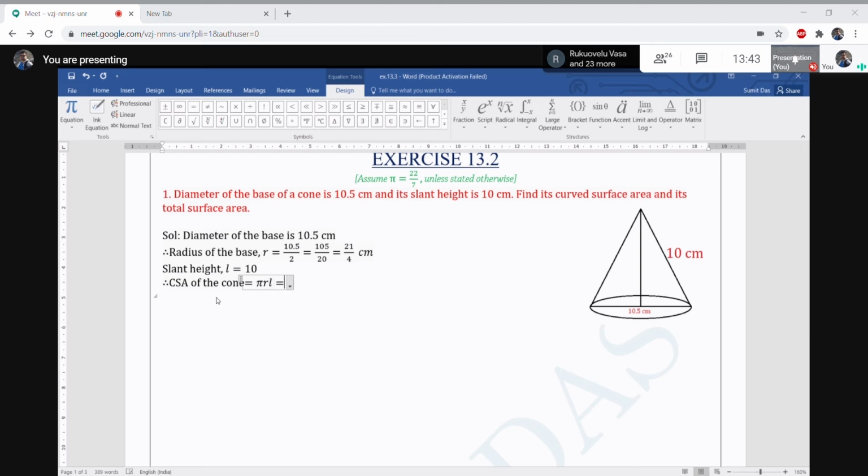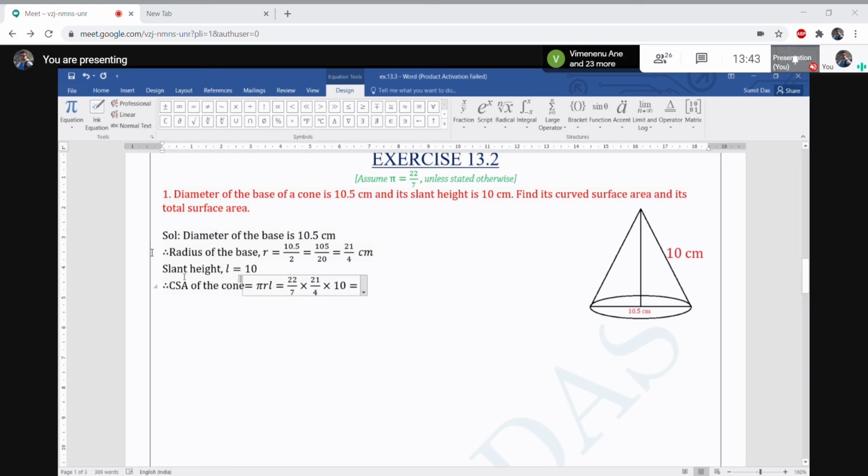So put the pi value 22 by 7, then r we got 21 by 4, then slant height 10.